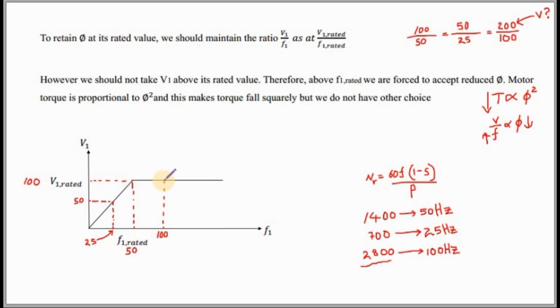So these are the values of the first example, the rated values, and this is the 2800 rpm case.